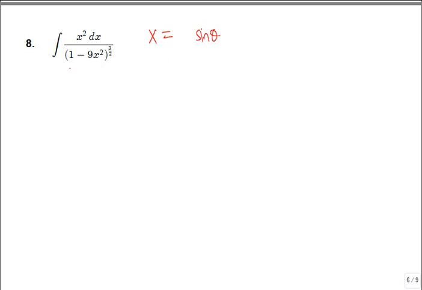Well, this one's a little bit different because we have a 1 over here, so you might think that your a squared is 1, which it is, but we have this 9 in front, and this isn't going to factor correctly and end up simplifying nicely unless we can make these coefficients work out well. Ideally, I would like this 9 to go away and turn into a 1 so that these 2 coefficients would match.